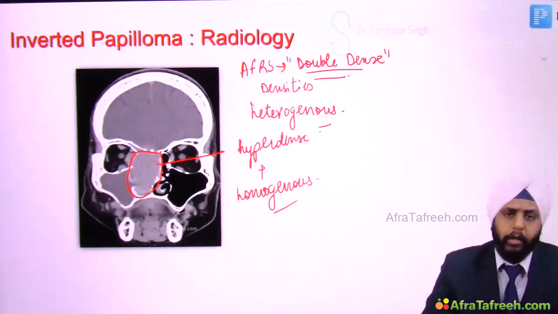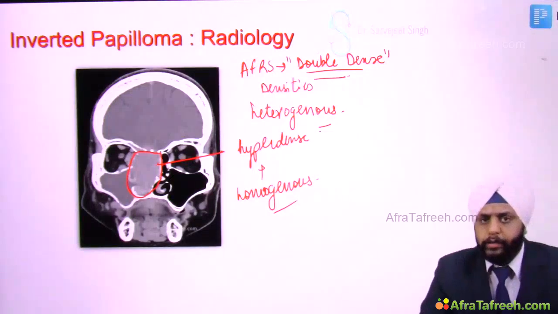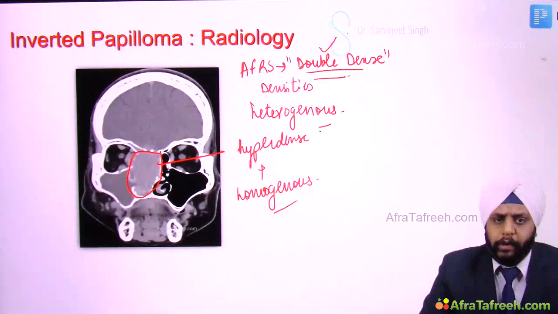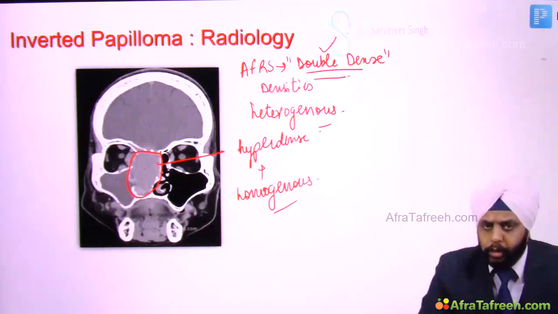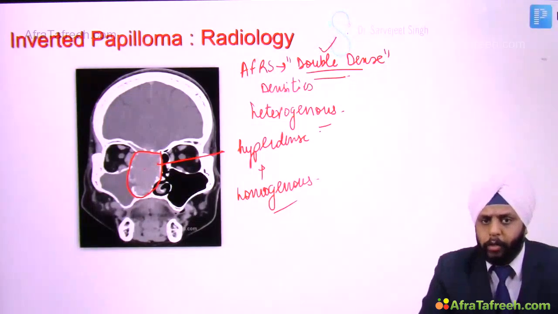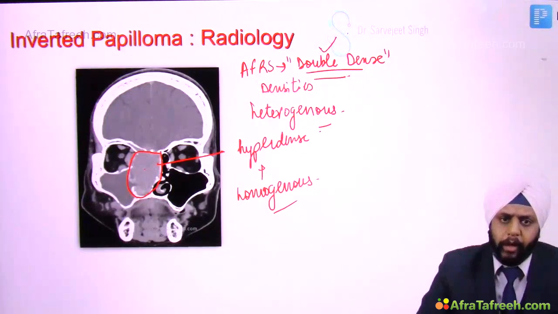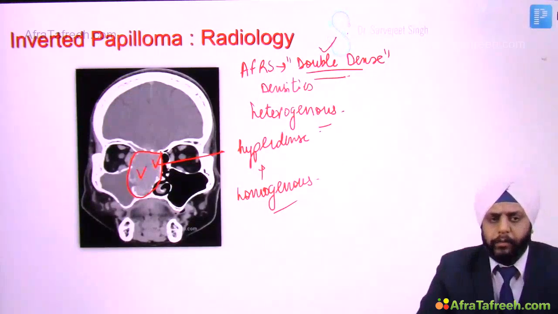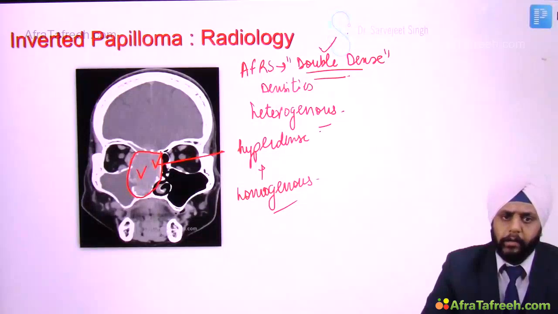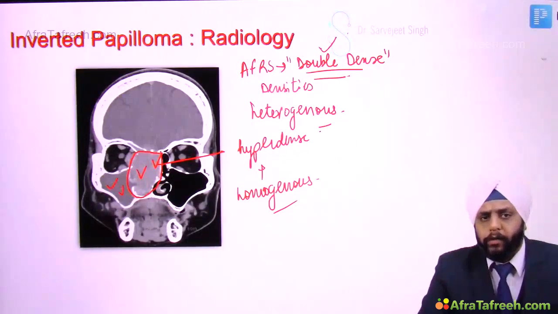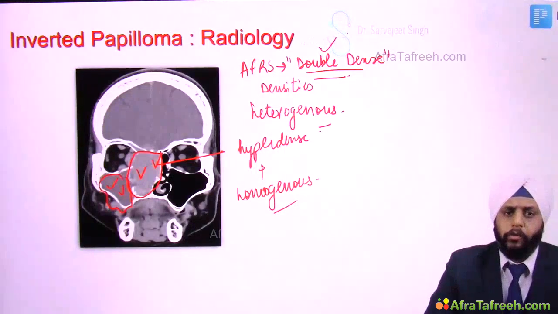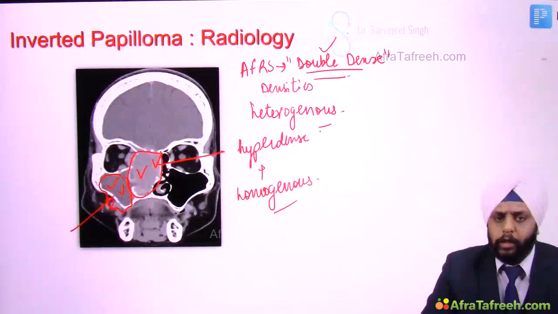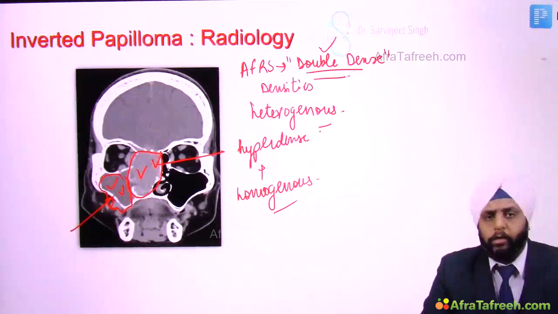Now remember, in AFRS you will see these densities, and the densities are seen in the nasal cavity as well as inside the maxillary sinus also. So densities are everywhere. But over here this is hyperdense, so we know that this is enhanced. This has taken the contrast, and this is isodense. The maxillary sinus part is isodense to the other body tissues because this is just a collection of secretions, and there are no densities.